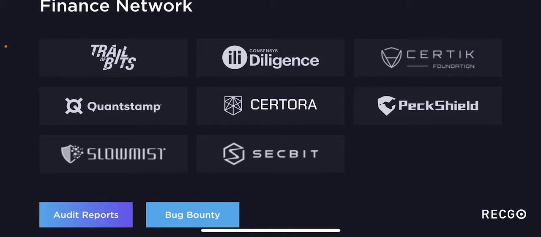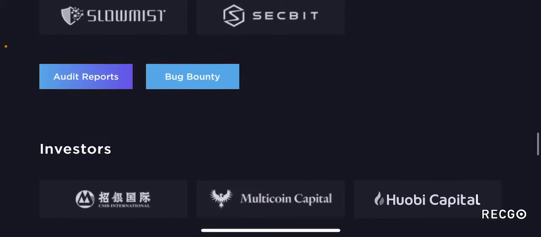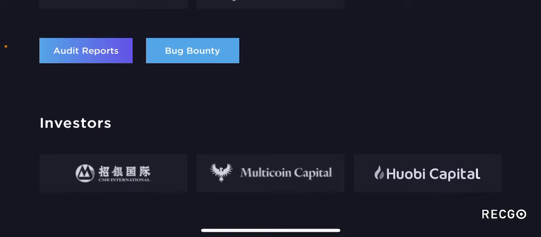And Certik, PeckShield, SlowMist, QuantStamp as well as Consensus Diligence are some of the most popular cryptocurrency audit firms, or smart contract audit firms, that are currently available on the market, and they have pretty much covered most of the high quality audit firms. Again, not to say that the other ones are not high quality, but it seems as though they're using several tier 1 audit firms in order to audit their platform. And you can also access their audit reports here, as well as the bug bounty here as well, right?